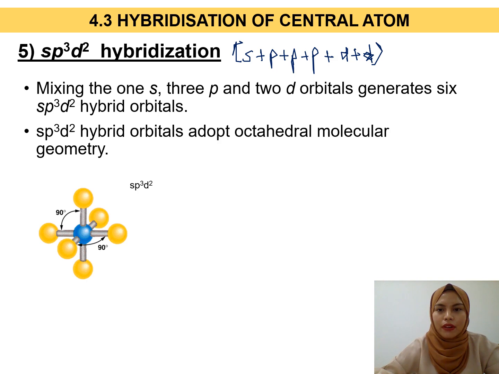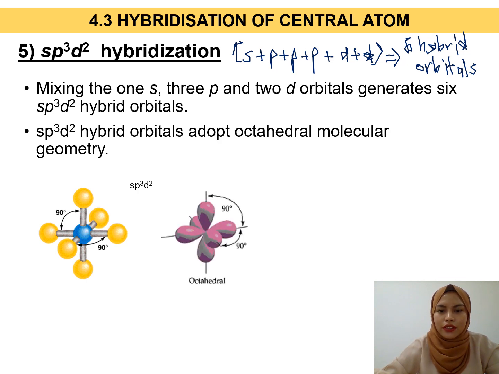So you will form a new set of 6 hybrid sp3d2 orbitals. Okay, so ke-6 orbital ni dia akan disusun dalam bentuk octahedral. Okay, so this is how it looks like, di mana the bond angle between them ialah 90 degree.